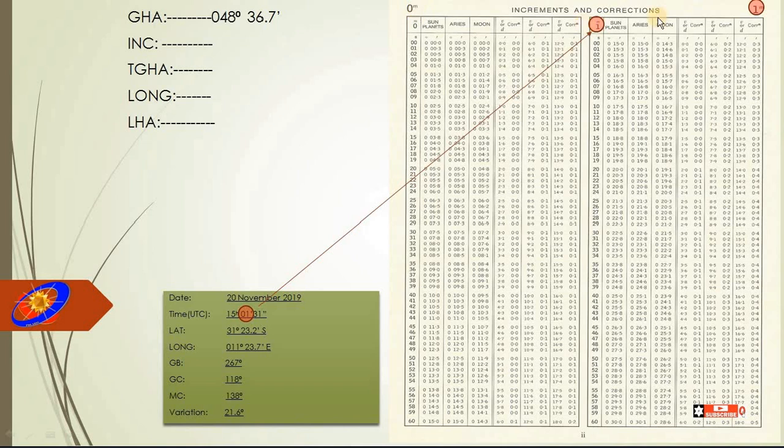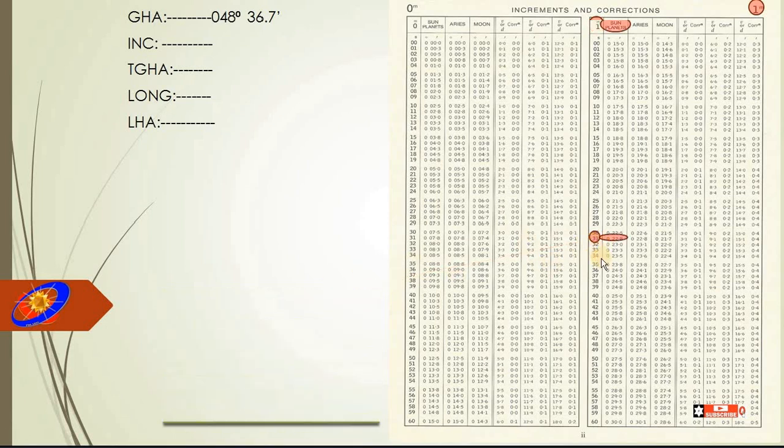You see here 0 minutes, 1 minute, and so on. Okay, so we have 31 here, which is our seconds, and the value of the sun is 22.8, and that's what we're going to put here, the increments, 22.8.